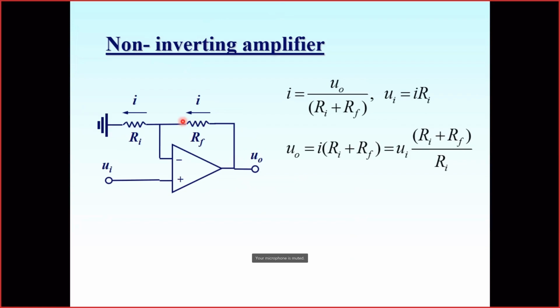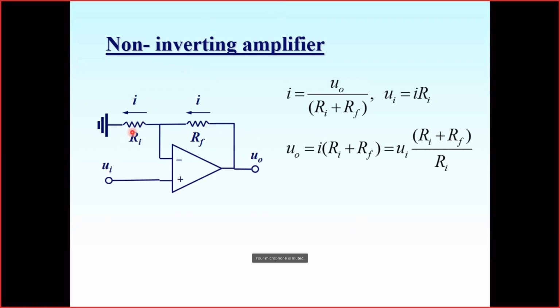We know that it couldn't flow into the amplifier because of the infinite input resistance. The second rule: there is no current flowing inside the amplifier. Then from Ohm's law, the current that flows here could be expressed like this: output voltage divided by Ri plus Rf.